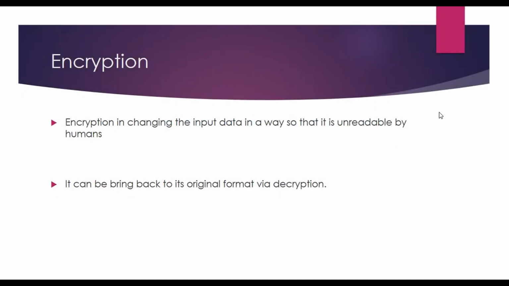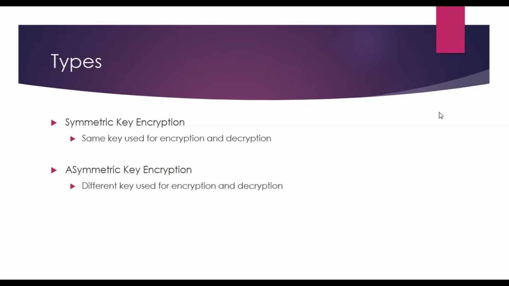Now, encrypted data can be brought back to the original format, and this is where the concept of a key comes in. If a key is used by the sender to encrypt the data, the same key, or even a different key which is mathematically related, can be used to decrypt the data into the same input format. So that is about the whole encryption and decryption.